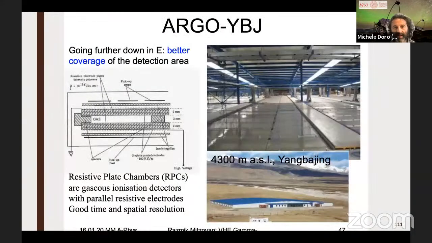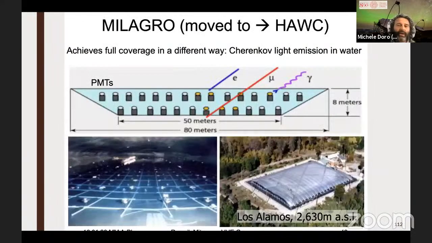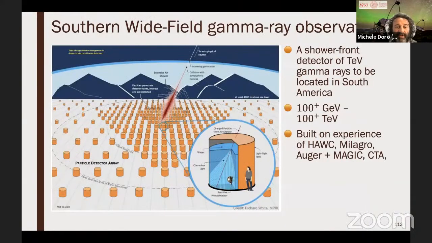Okay, these are ARGO. Now they do not work anymore. Precursor of Milagro, another experiment. They're not working anymore. I'm personally working now on SWGO, the Southern Wide-field Gamma-ray Observatory, besides MAGIC, which is this image that I was saying before.